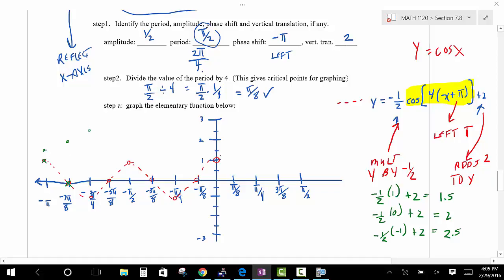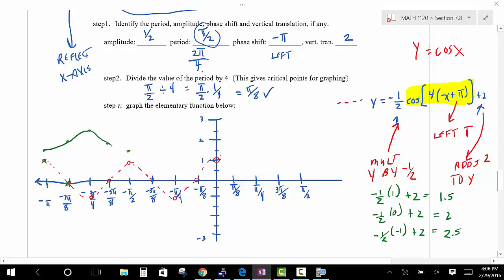That gives you enough points to probably figure out the rest, right? What do you think the y value is going to be of this point? It'll be the same as this one, right? Same arithmetic, so that's going to go to 2. How about this one? This one would be the same as that point, so that's going to go to 1.5.